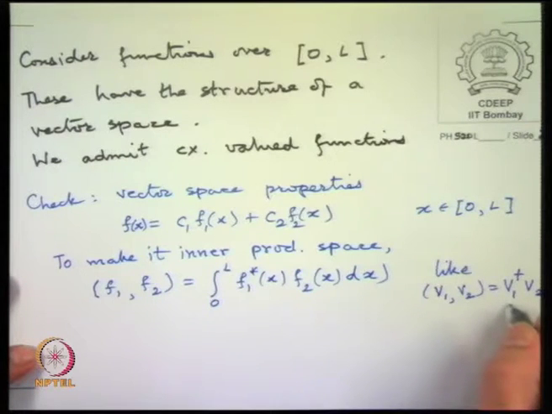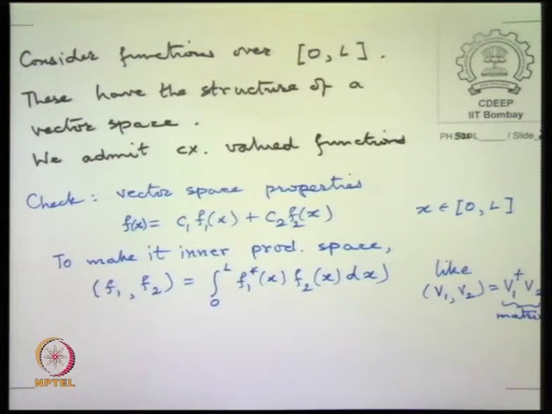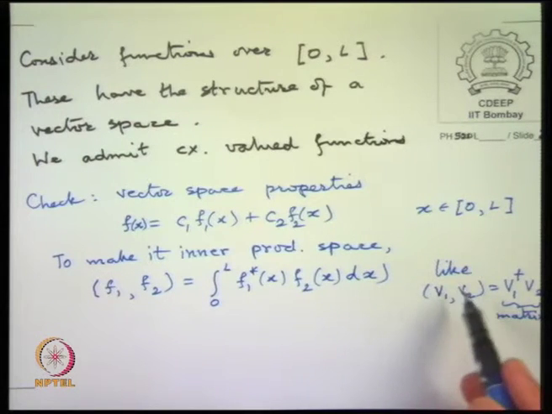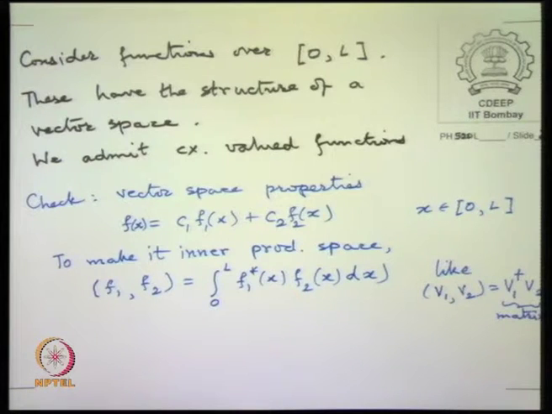This is in matrix language. If you take v2 to be a column vector, then v1 has to be made into a row vector, with Hermitian conjugation, so complexified as well. So the first coefficient has to be complexified, otherwise we will not have positive definiteness. So we need this form.